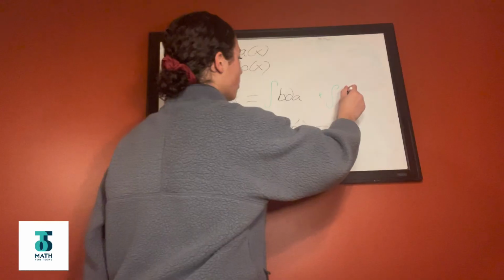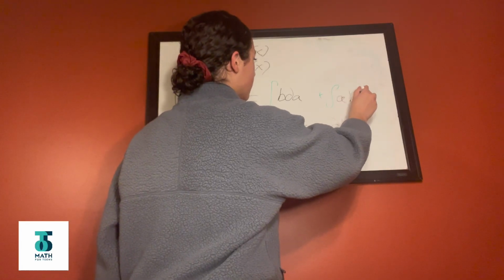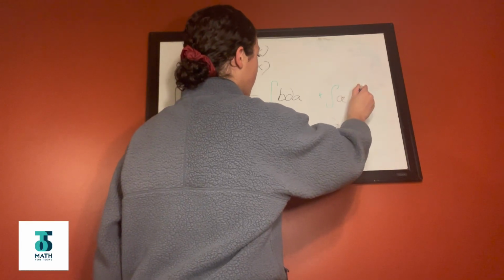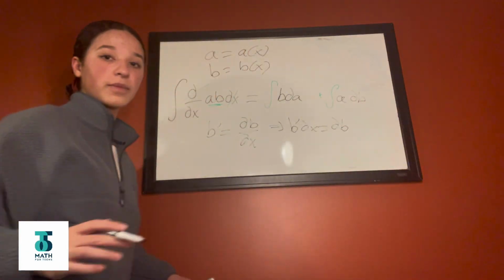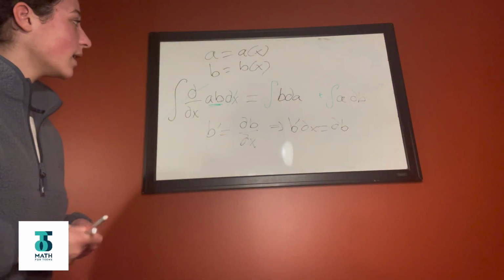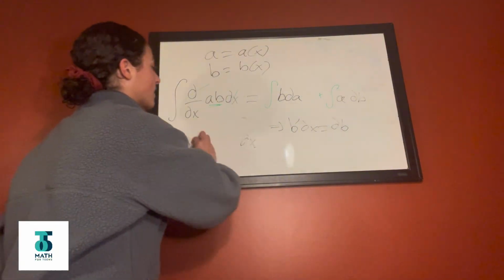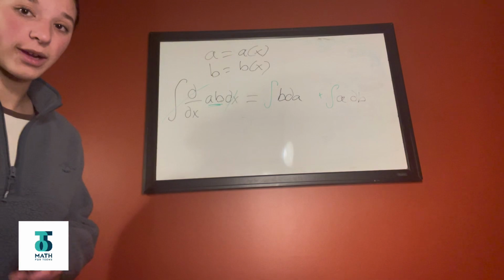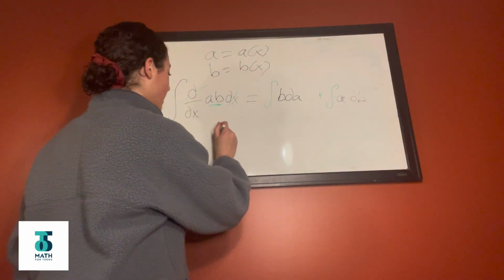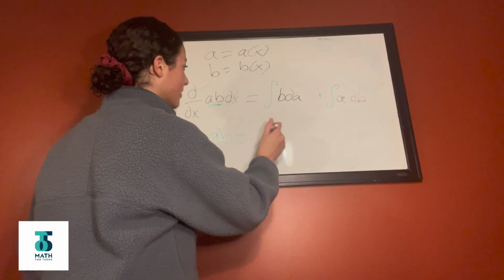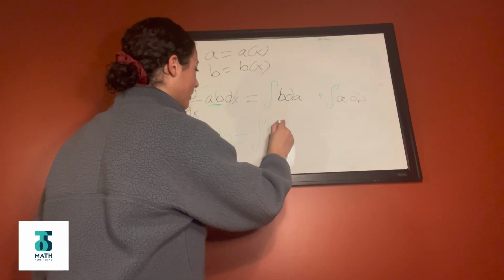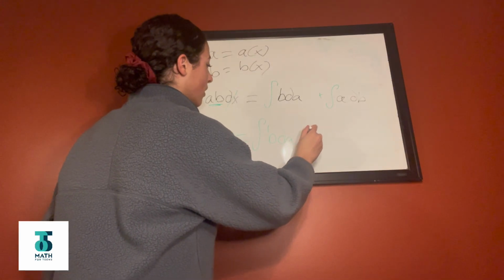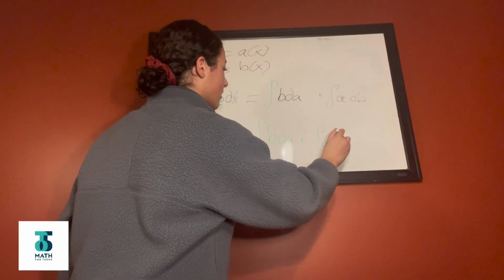So this entire integral becomes a dB. Wow, my letters are being mixed up. All right. And if I just rewrite this cleanly at the bottom, this is what you know as your integration by parts formula. ab is equal to the integral of b dA plus the integral of a dB.